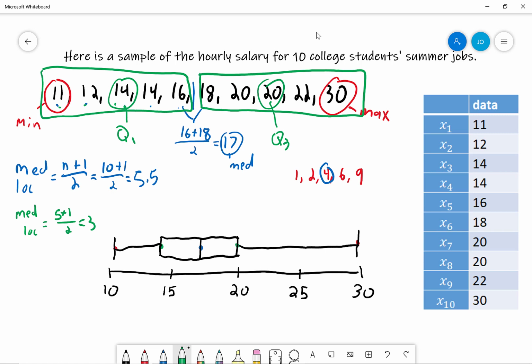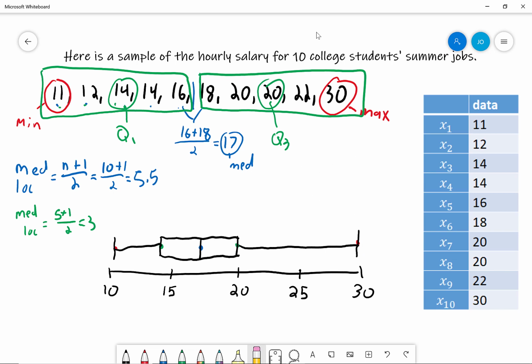Typically what you'll find is that to find Q1 and Q3, you don't use the median twice. You would just use the other numbers outside of the median. This is how you would do that for a data set where the median was a single value, as opposed to the average of the middle two values.